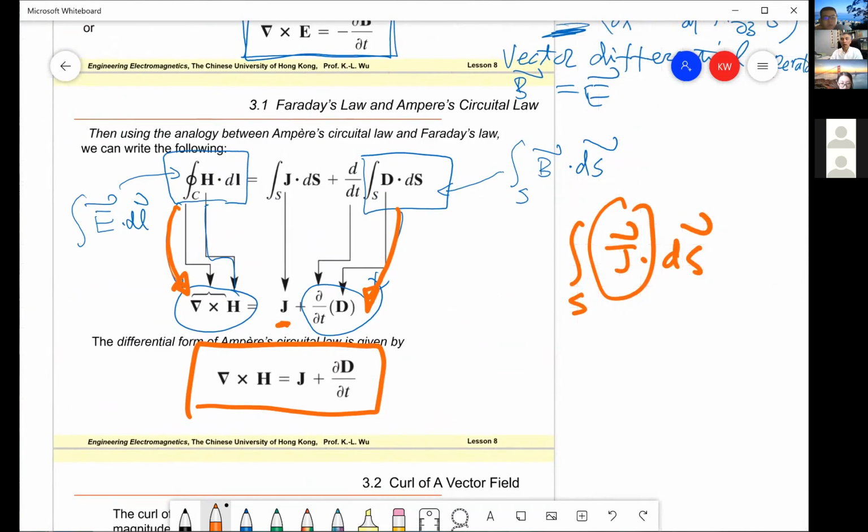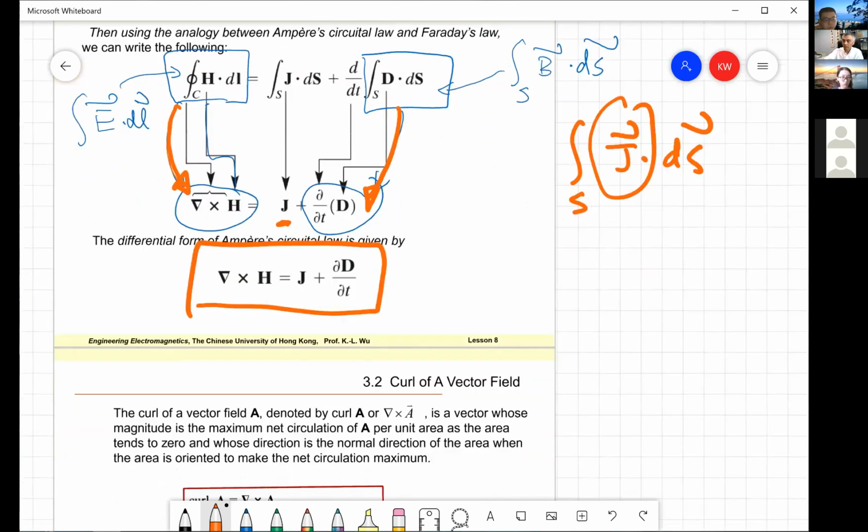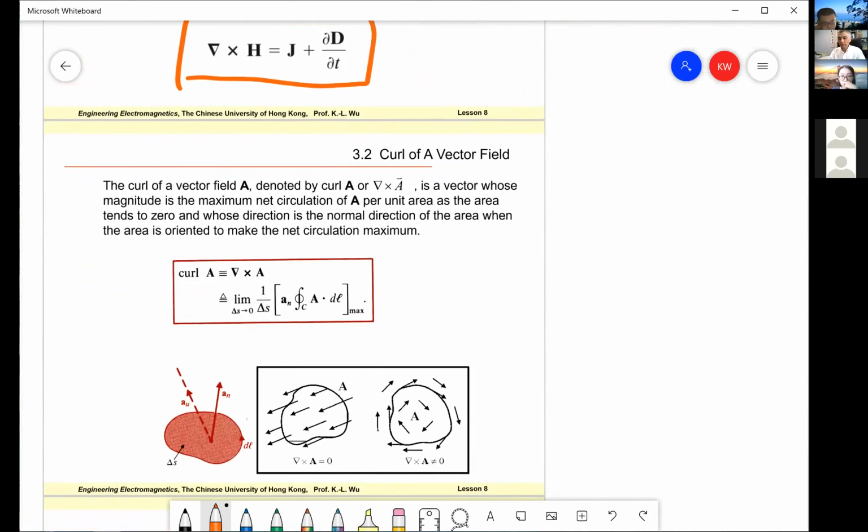So having understood this, basically we can already deal with all the other Maxwell equations. But the things we haven't dealt with are the two Gauss's laws.